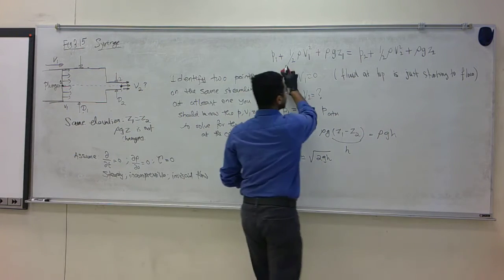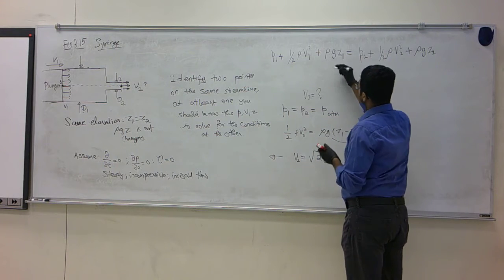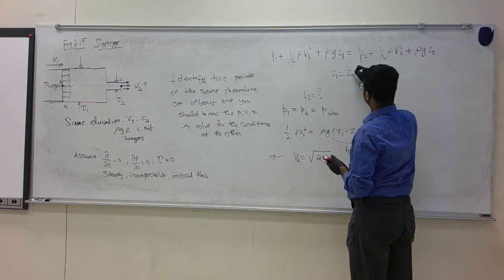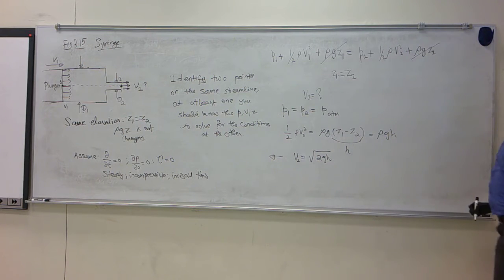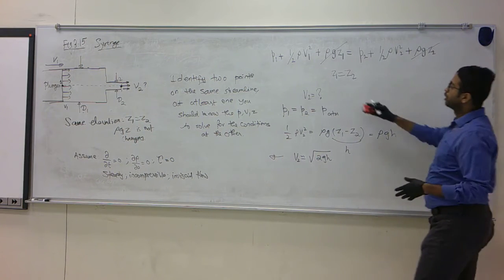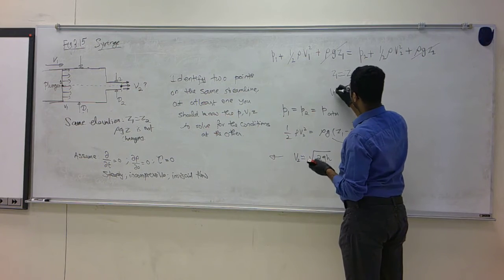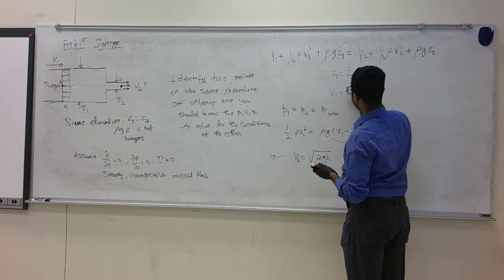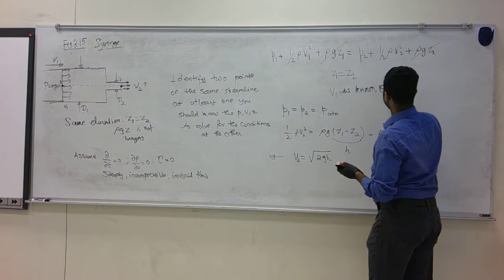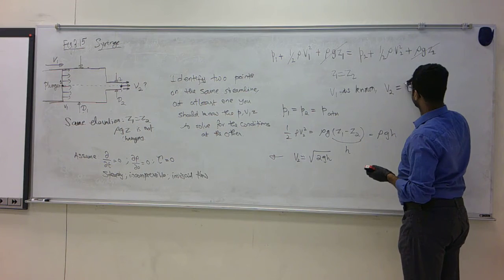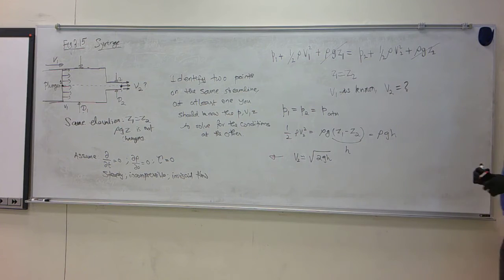So first simplification is there is no elevation involved. Okay, so I can strike out these two terms. V1 is known, and we have to solve for V2.